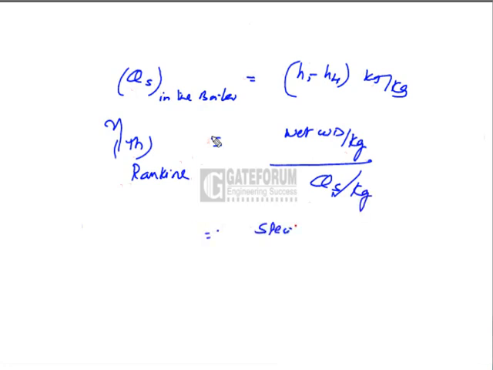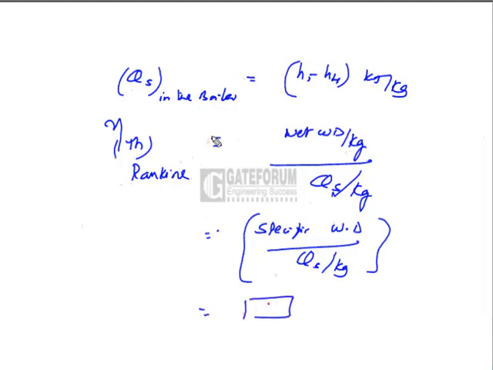It will be approximately 35%. There is a usual range of Rankine cycle efficiencies.